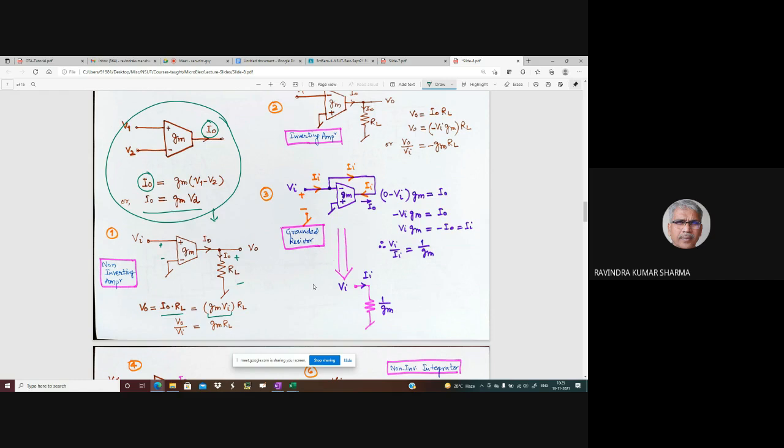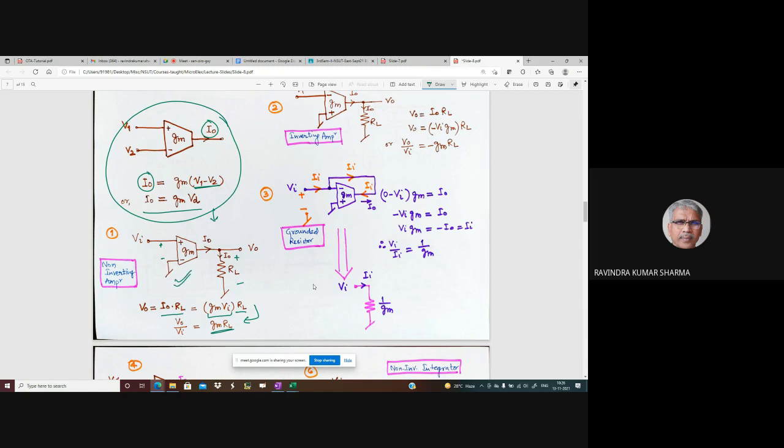And I naught is non-inverting voltage minus inverting voltage times GM, and that difference is actually VI. So GM-VI is the I naught, and GM-VI into RL will be V naught. Correct? So VO by VI from this can be simply written as GM-RL. So this is now a non-inverting amplifier where VO by VI is GM into RL.